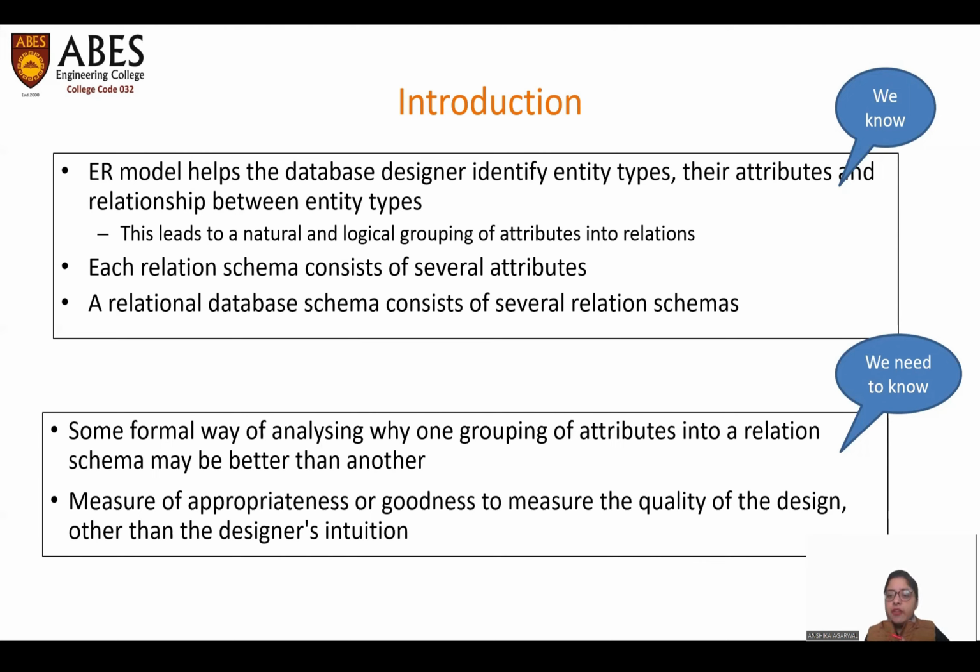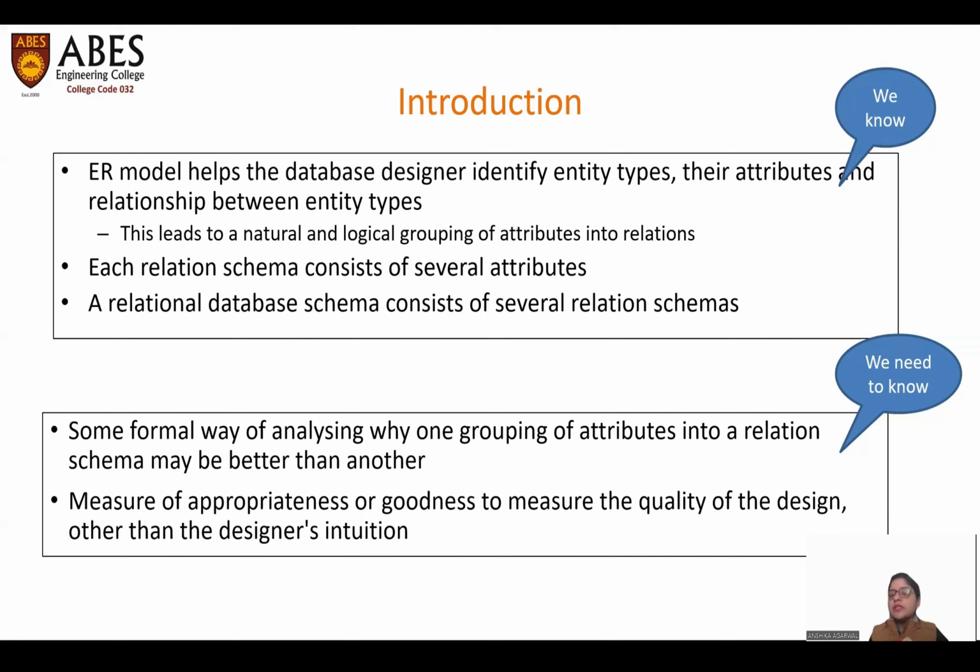So then it will have columns such as roll number, name, father's name, mother's name, address, phone number, etc. So what are all these? All these are attributes of relational schema student. So a relational database schema consists of several relational schemas.